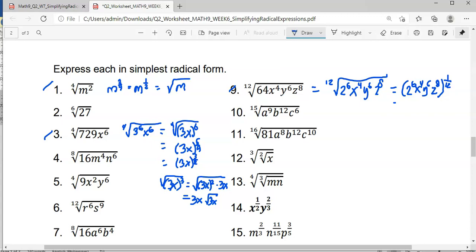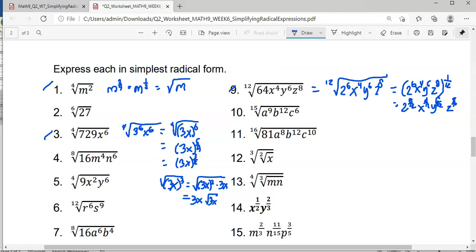Then magiging 2 raised to 6 over 12. Okay, then x raised to 4 over 12. Okay, then y raised to 6 over 12. Then z raised to 8 over 12.